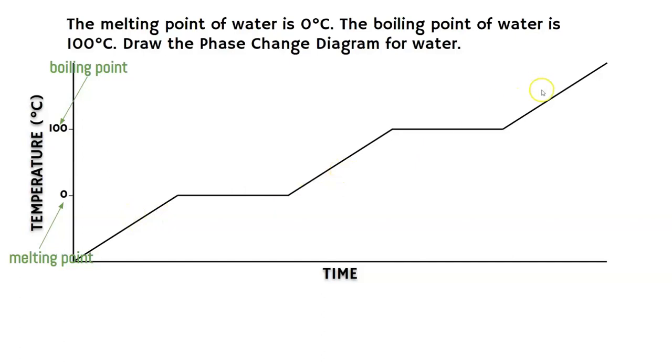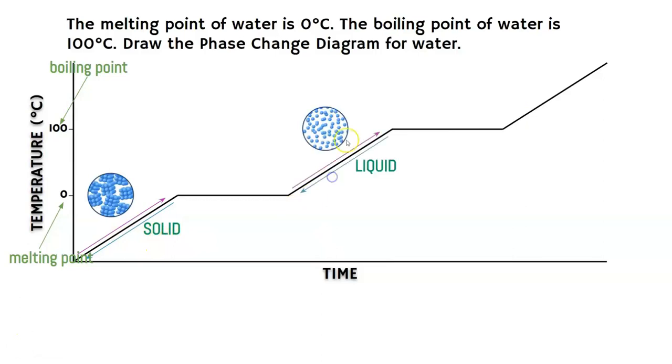Our 3 diagonal lines represent a state of matter. Our first diagonal line represents a solid. The second one is a liquid. The third one is a gas. Now these straight lines represent our change of matter. Going from a solid to a liquid, this first straight line represents melting.